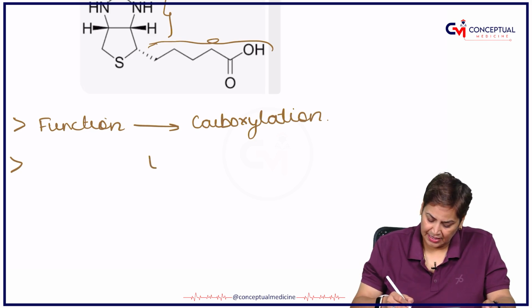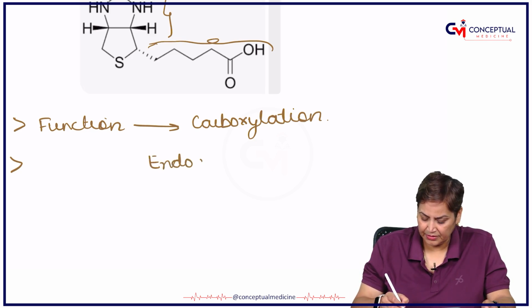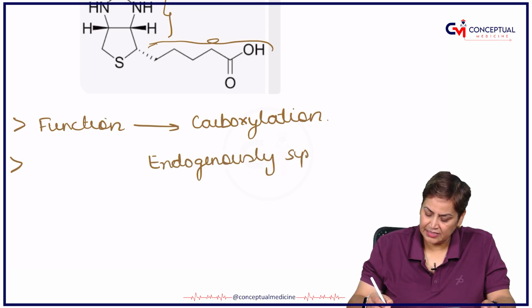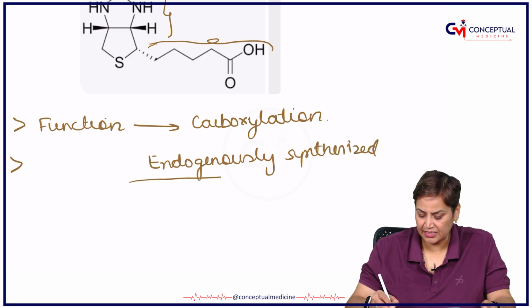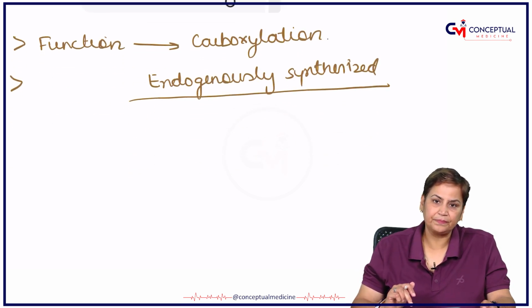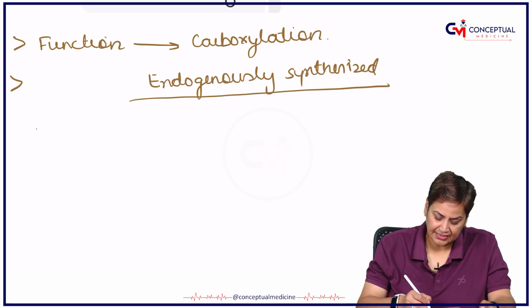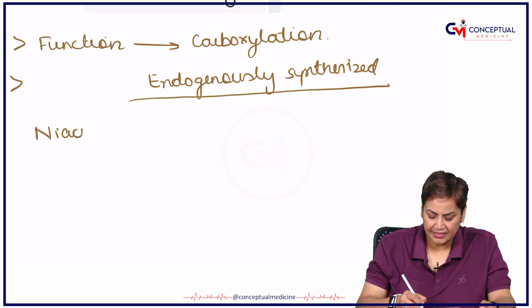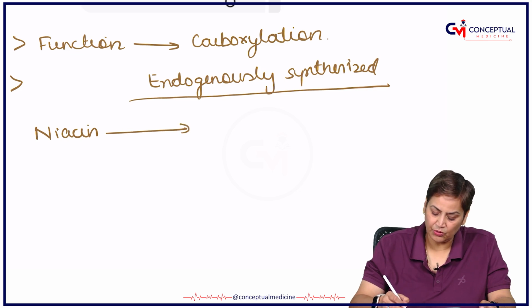Endogenously synthesized vitamin, and I will just give you all the other vitamins which are synthesized in the body. First is niacin. Niacin is synthesized from tryptophan.